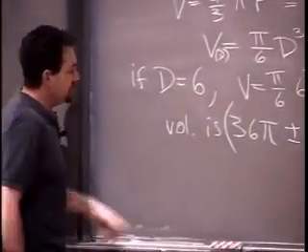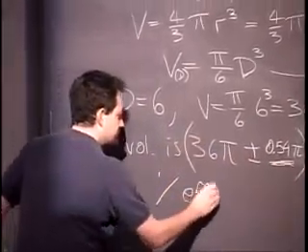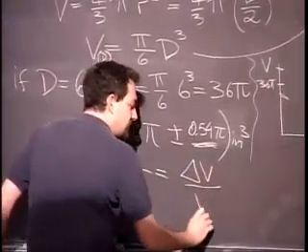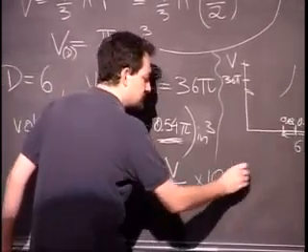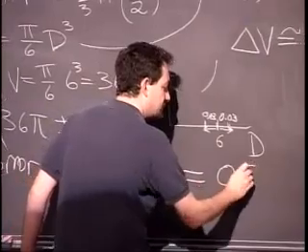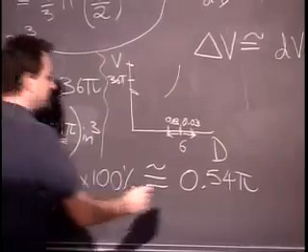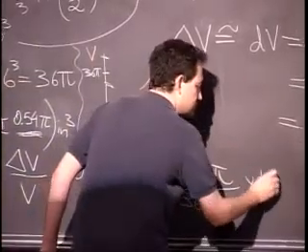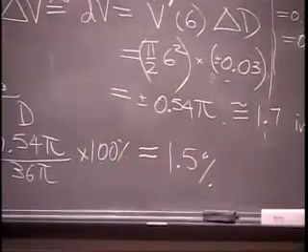Well, of course, if you know that the volume is 36 pi, the percentage error is equal to the actual error over the quantity itself times 100%, which is equal to 0.54 pi, approximately equal to, because actually this is an approximation itself, over 36 pi. And if you work that out, you get 1.5%.